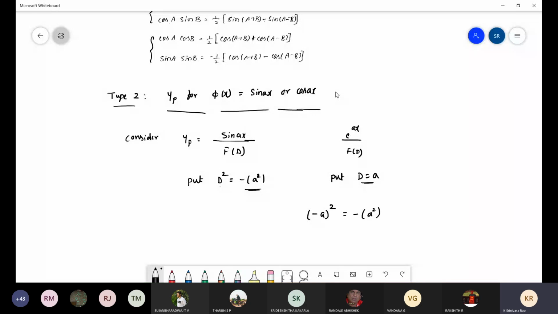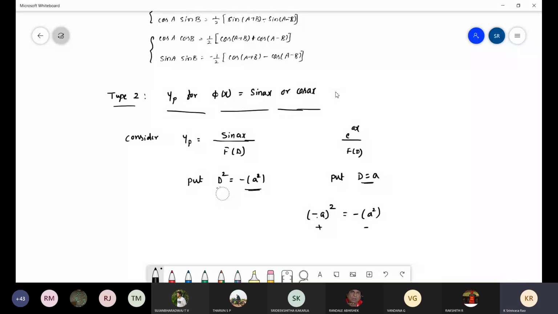That's why I'm using bracket. If a whole square comes, minus also becomes plus, it will be positive. But whereas minus a square, this square is applicable only for a, therefore it is negative only. So the substitution is always negative, and the substitution is for d square only. Don't forget here, it is not for d, it is only for d square.